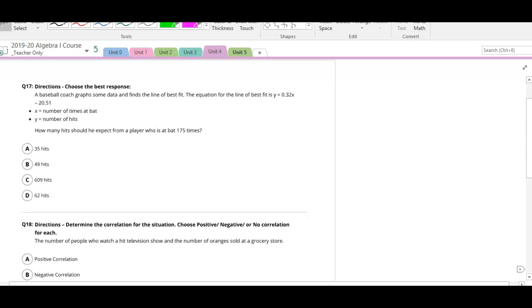Alright, how many hits could we expect from a player at bat 175 times? At bat is the x value, because it says under the definition of the variables here, x is the number at bat. So y equals 0.32 times 175, take away 20.51.